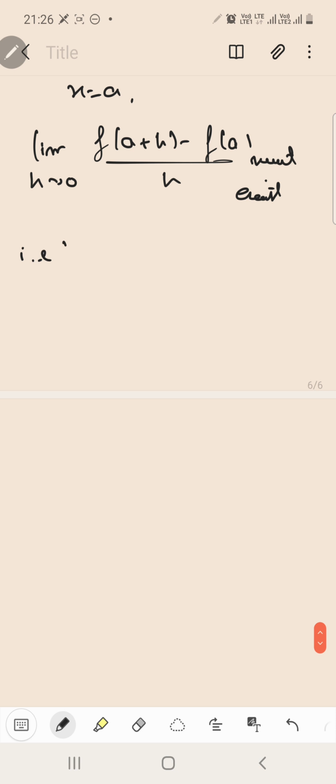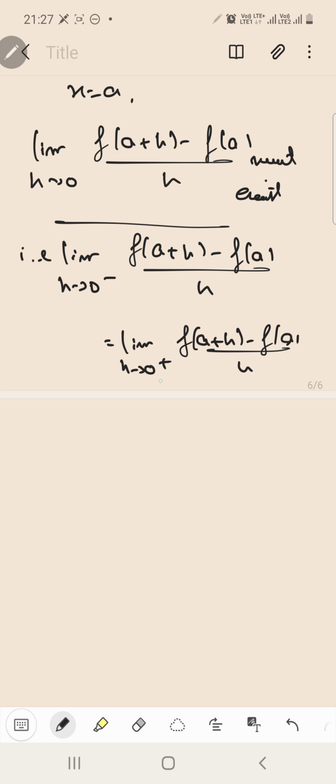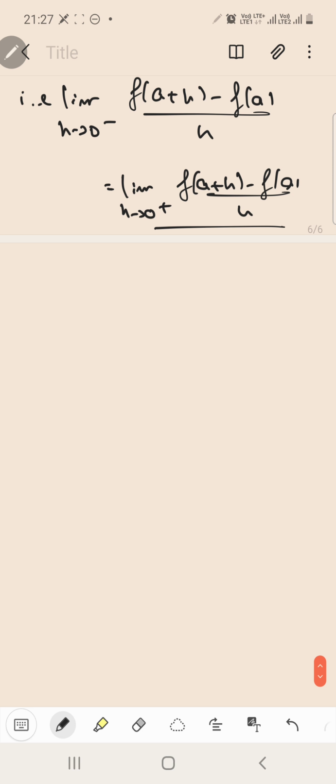That is, limit h tends to 0 minus of f of a plus h minus f of a over h must be equal to limit h tends to 0 plus of f of a plus h minus f of a over h. That is, the left hand limit must equal the right hand limit, right?